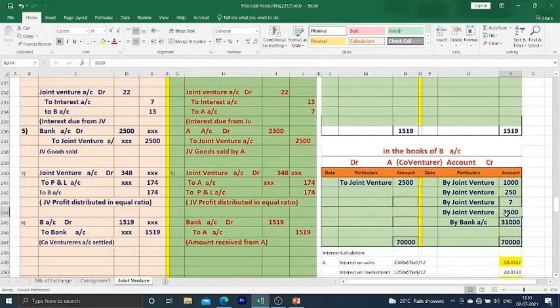Profit amount is 1715. Check with the transactions 2590.